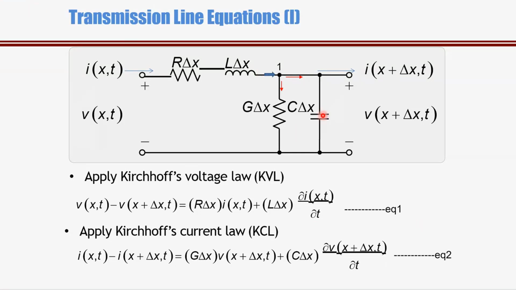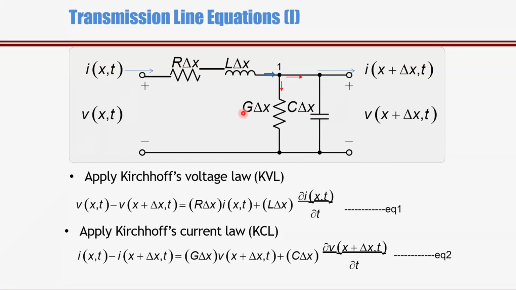Now we have to consider the parameters C and G also. So I can apply Kirchhoff's current law at this node 1. Let us consider that this is node 1. So what are the currents entering the node? I x comma t is entering the node, and I x plus delta x comma t is the leaving current. Also, whatever current flows through this conductance is leaving, and whatever current passes through this capacitor is also leaving.